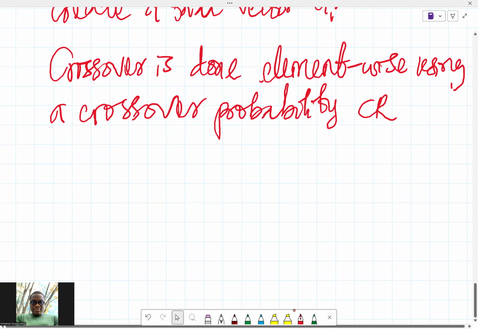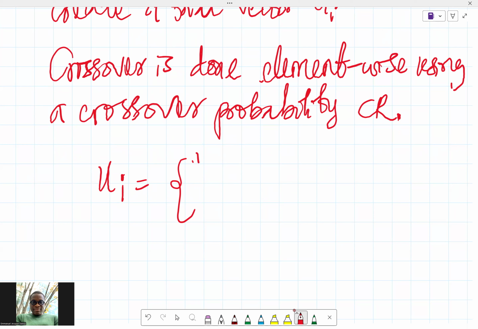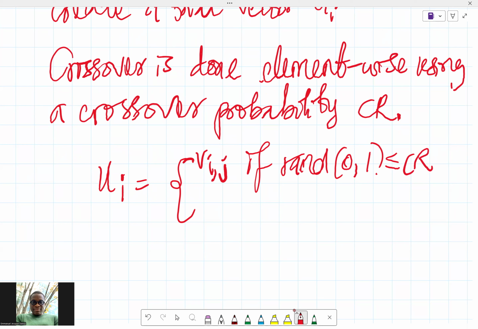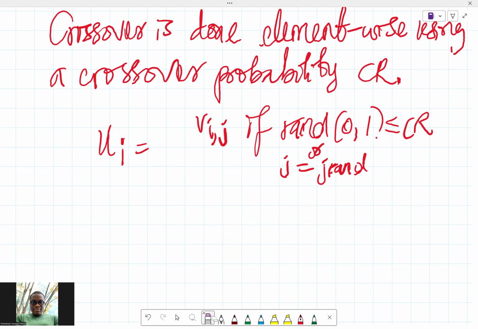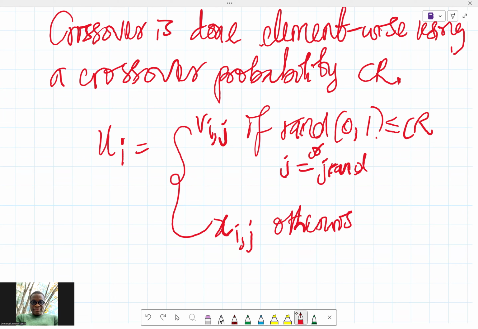The trial vector ui is a step function: vi,j if a random number between 0 and 1 is less than the crossover probability CR, or j is equal to j random, and xi,j otherwise. That's what ui, the trial vector, is.